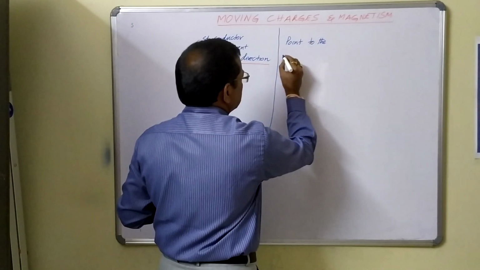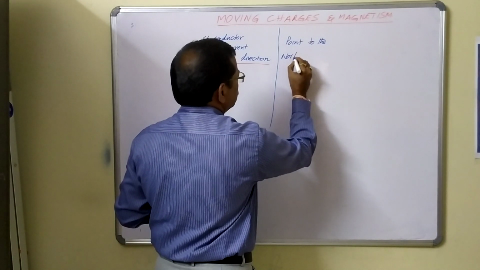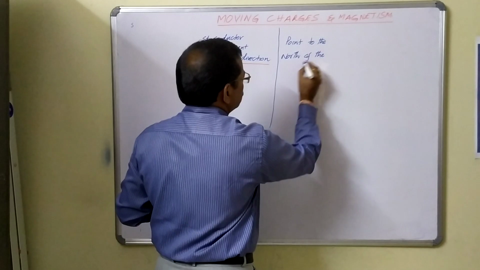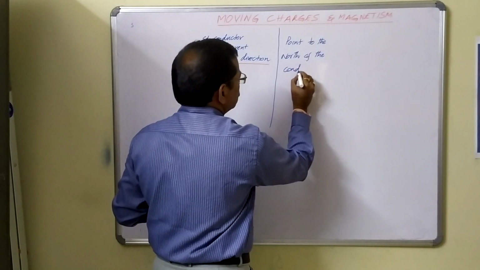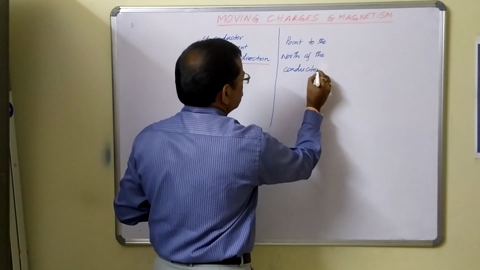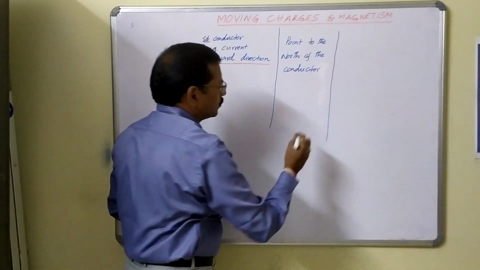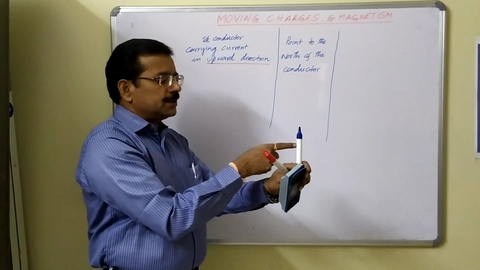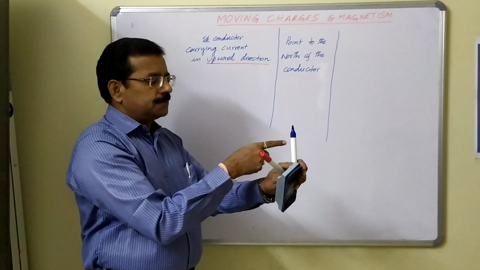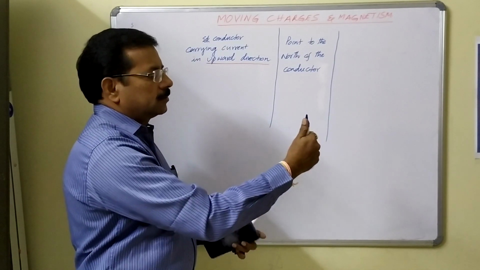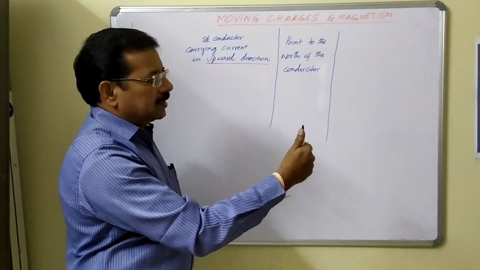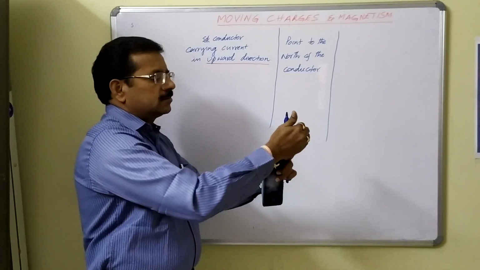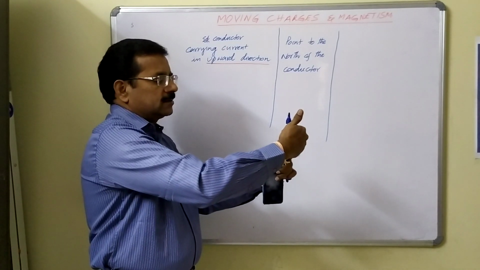Now, consider a point to the north of the conductor. That is, if this is the conductor, consider a point to the north of this conductor. Then, imagine yourself holding the conductor like this. Here, field lines take a curve like this.